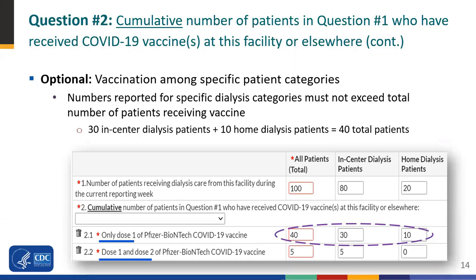This example shows that a total of 30 in-center dialysis patients received only dose 1 of the Pfizer COVID-19 vaccine. 10 home dialysis patients received only dose 1 of the Pfizer COVID-19 vaccine. This is acceptable as the sum of these two categories does not exceed the total number of 40 patients receiving only dose 1 of the vaccine.